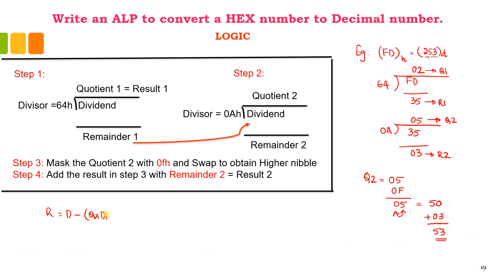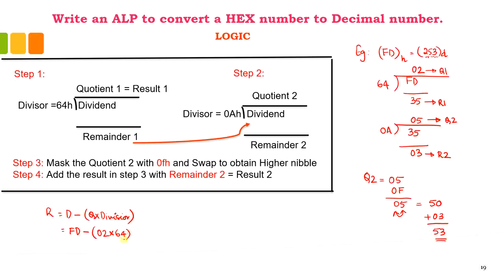Okay, so if I consider the first case, if I want to obtain this 35, what I need to do is I need to consider the dividend, that is FD, minus quotient was 02 into divisor is 64.